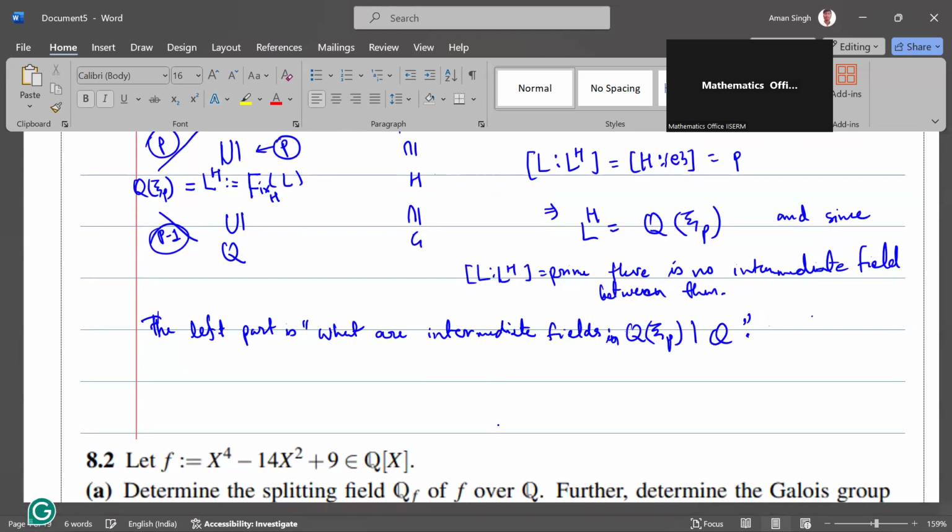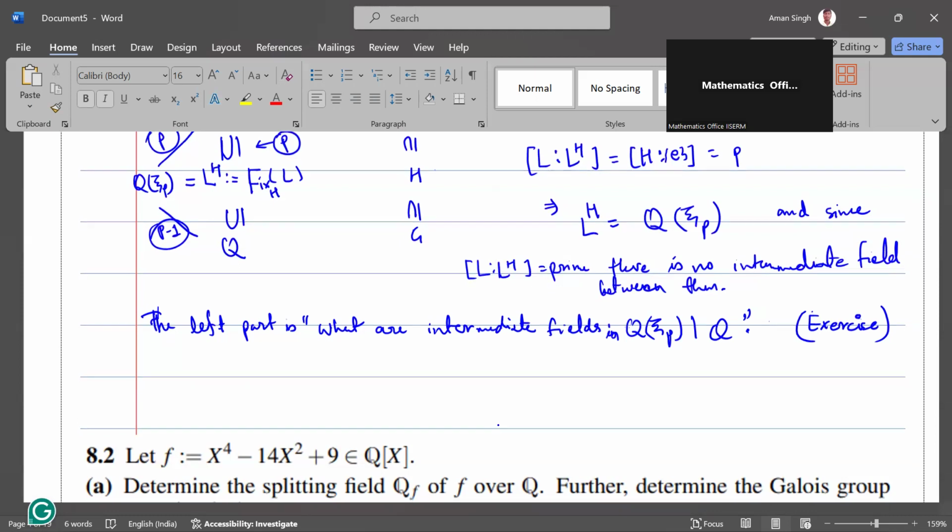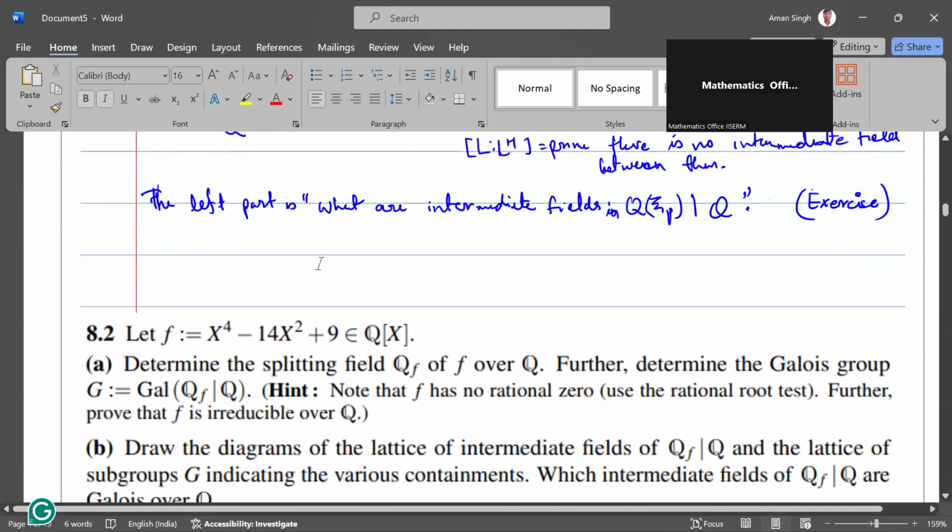For now, I'm leaving it as an exercise. I hope there is a similar question below. We'll solve that, and we'll see what the intermediate fields between them are. Okay, so let's see the next part.